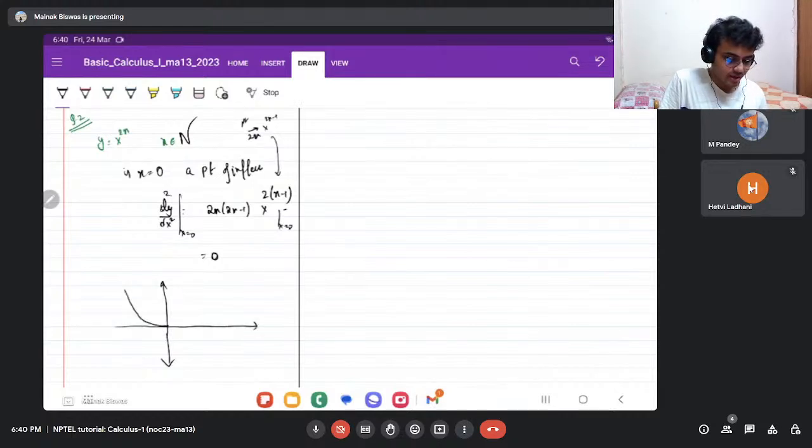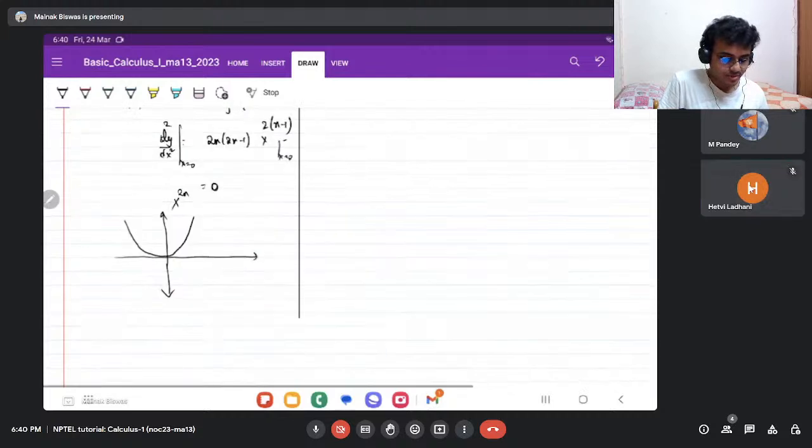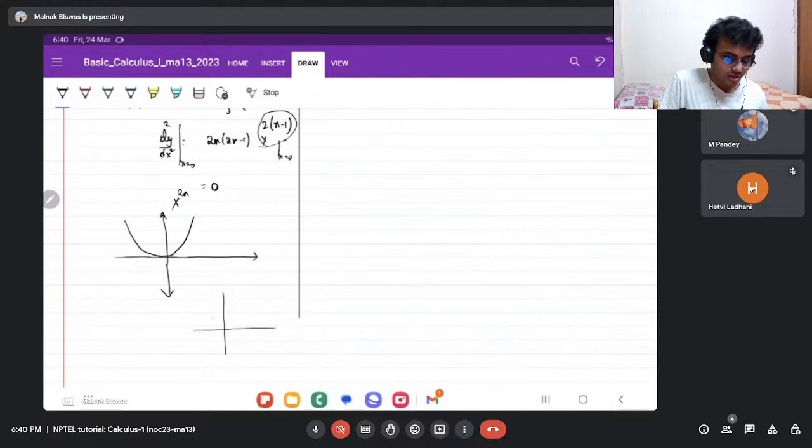Your y equals x to the power 2n looks something like this, right? Even the second derivative is proportional to x to the power 2k, where k belongs to whole numbers, so it is either this or some constant.